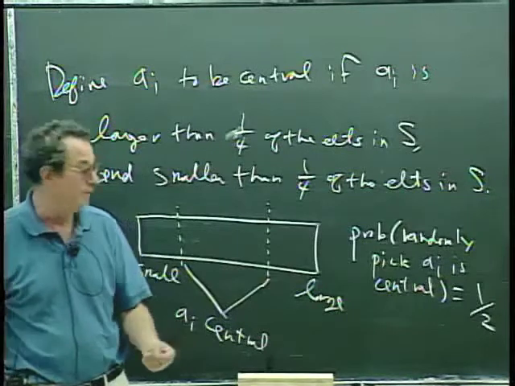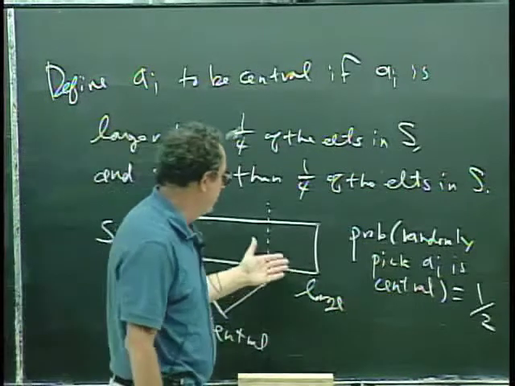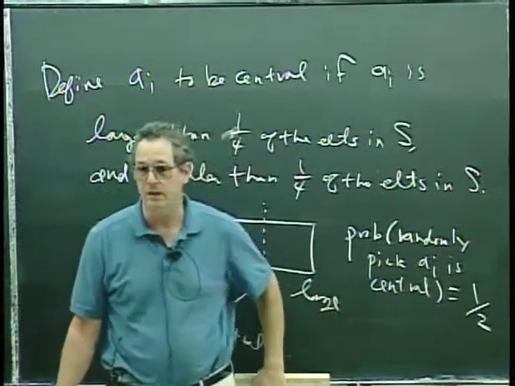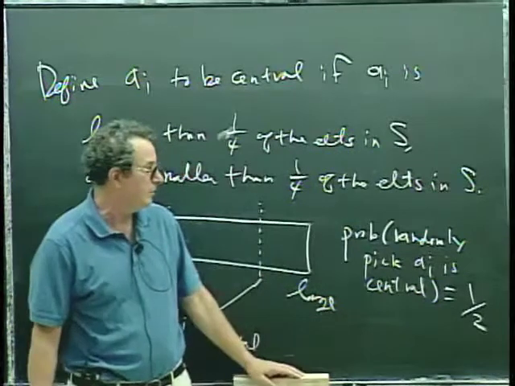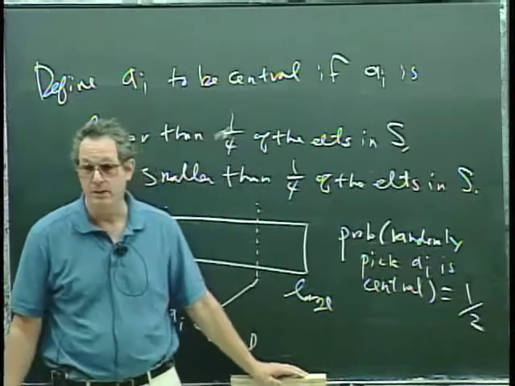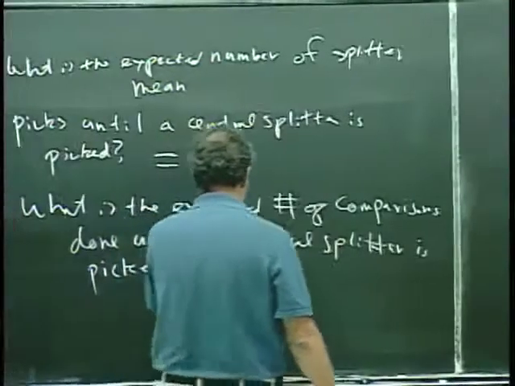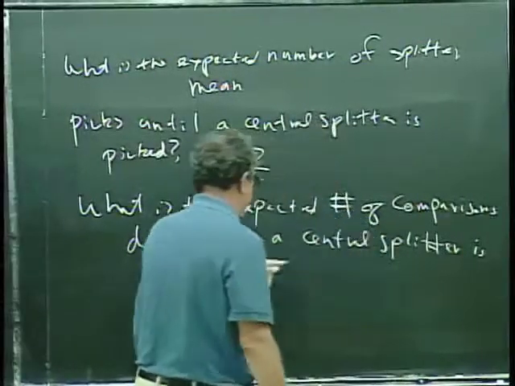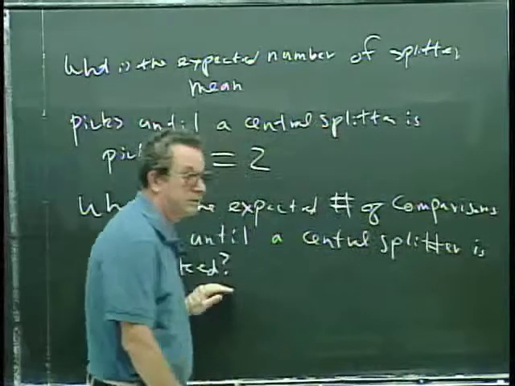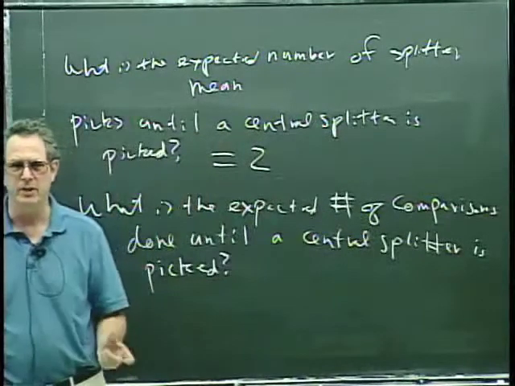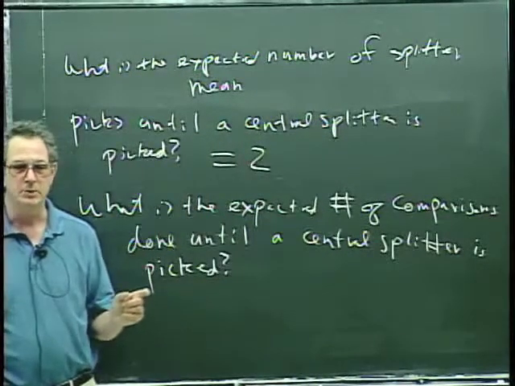If it's not central, maybe it'll be central on the next pick, and so on. So what can we say about the expected number of comparisons done until a central splitter is picked?